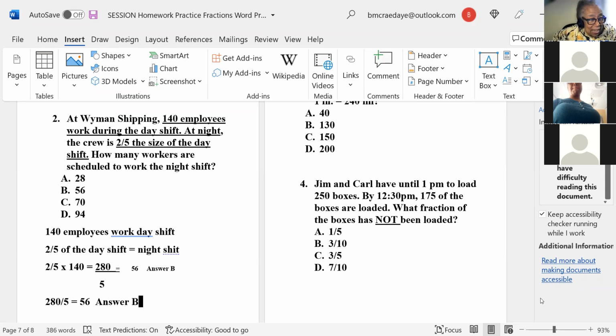They gave us the day shift. We just calculated the number of workers on the night shift. Add those two together, you get the total workers on the two shifts. I see. 140 plus 56. Got it. Yeah. 140 plus 56, 196. Yes, man, I just don't know. Give me the answer.